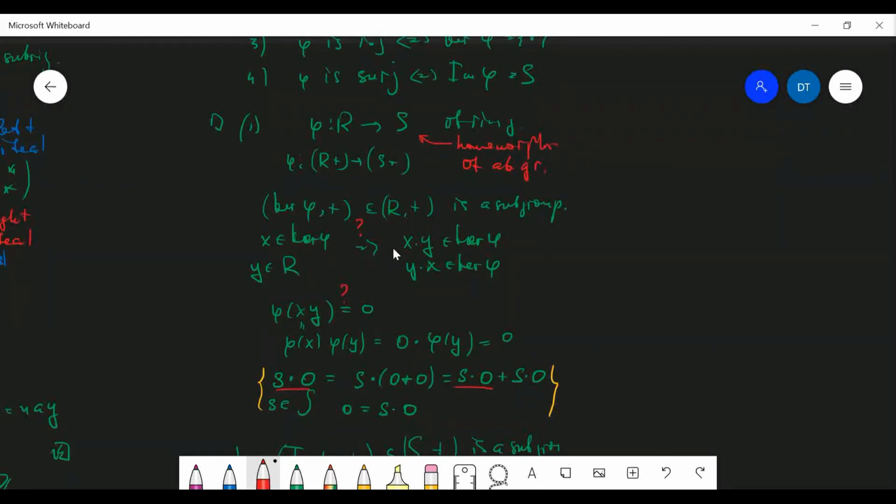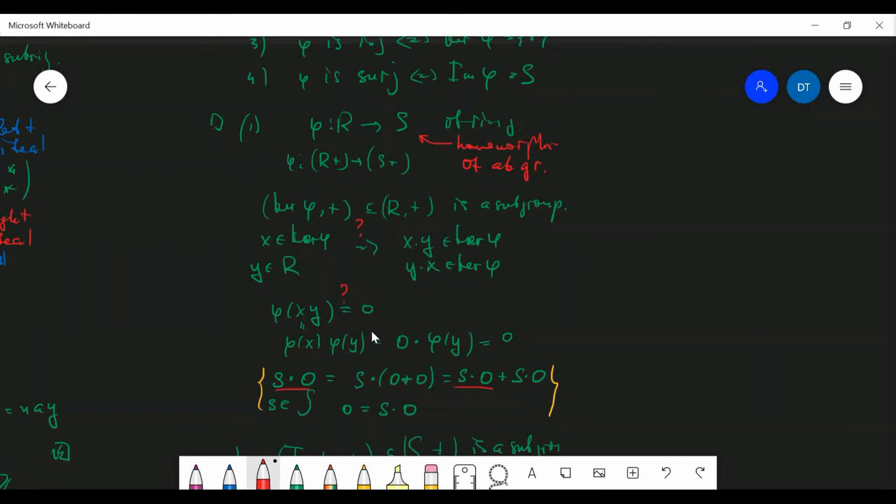So we can say that because the kernel of a homomorphism of groups is a subgroup. Here we use this red part.